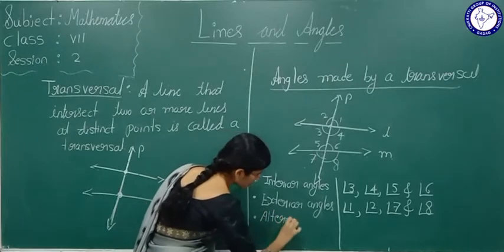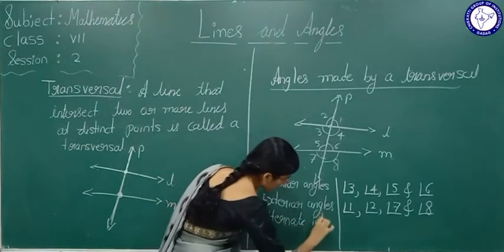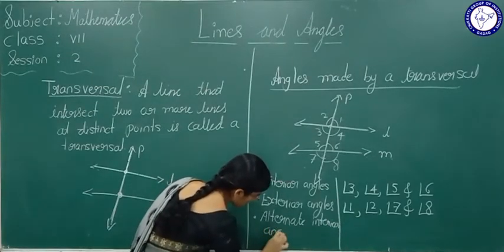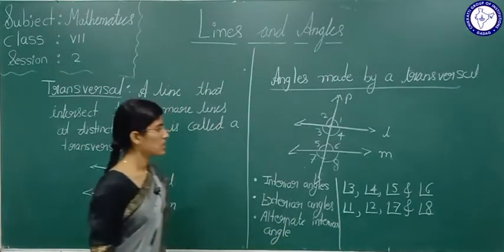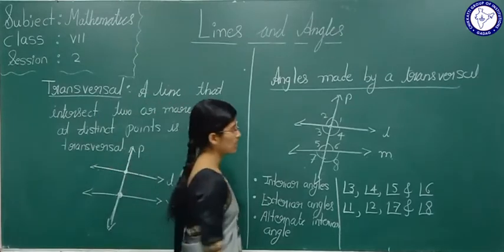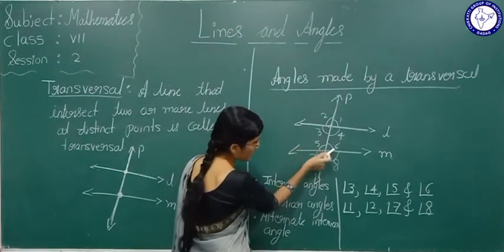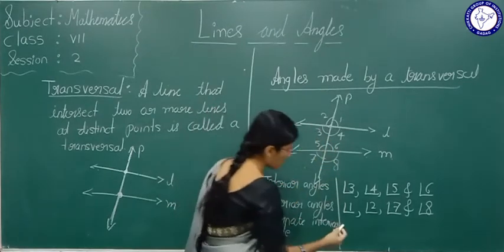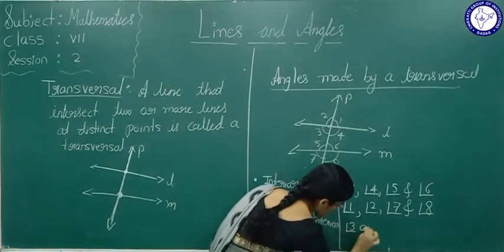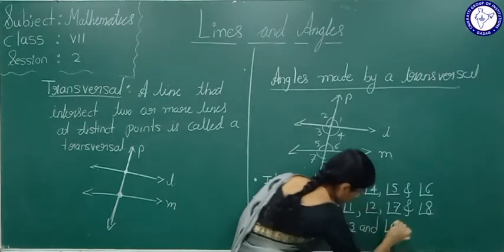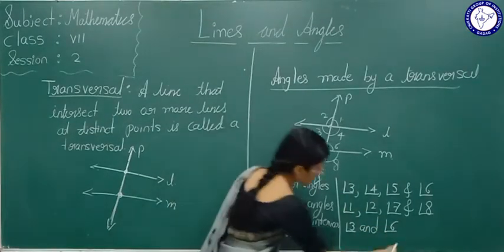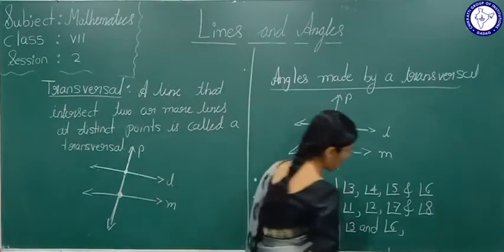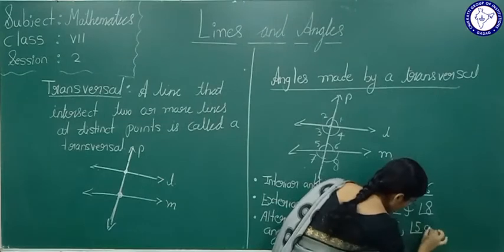Alternate interior angles. Here angle 3 and angle 6 is one pair of alternate interior angles. And one more here, angle 4 and angle 5.